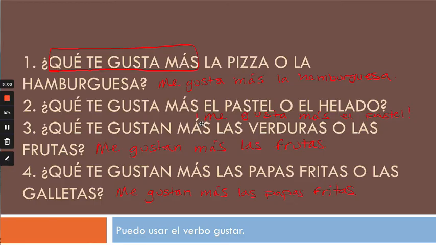And if you're picking up on it, there's actually two different ways that we conjugate the verb gustar. We can use it like gusta, or we can use it like gustan. And if you're picking up on it even more, you're seeing the difference. La pizza is singular, whereas las verduras is plural. So that's a little bit what we're going to get into today.